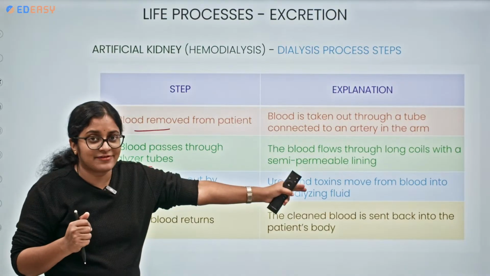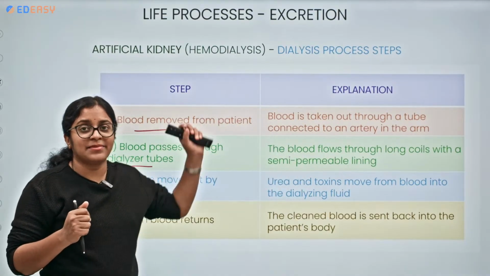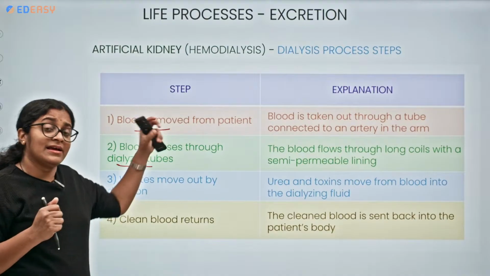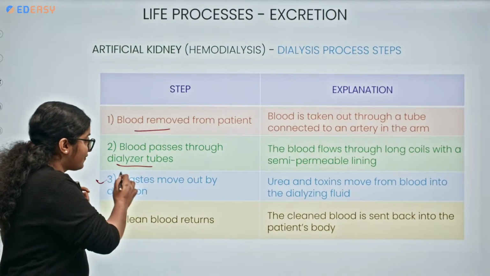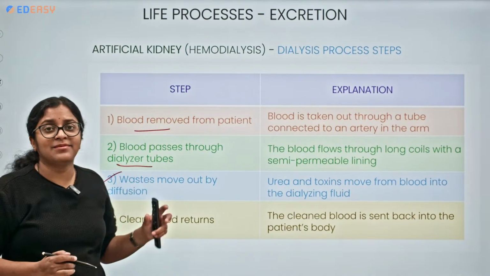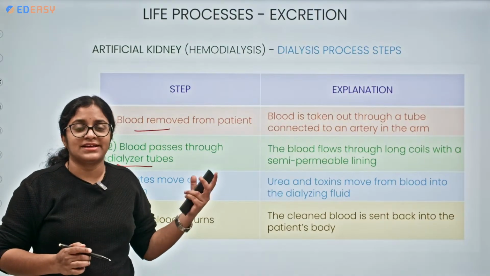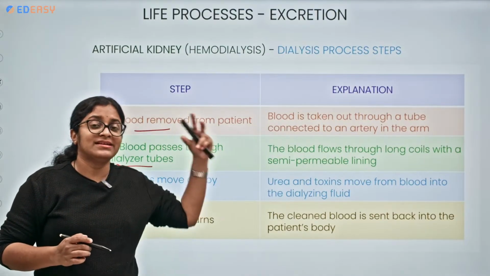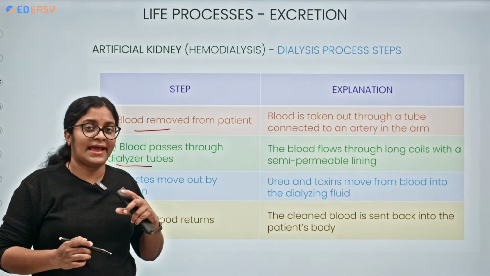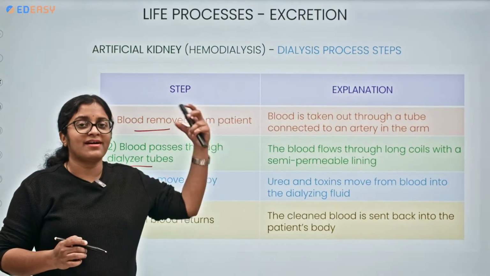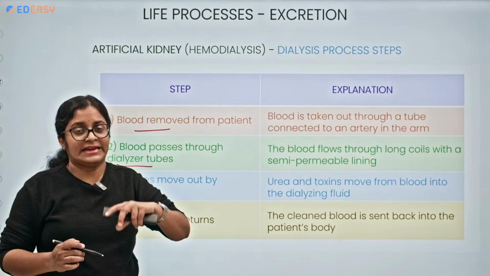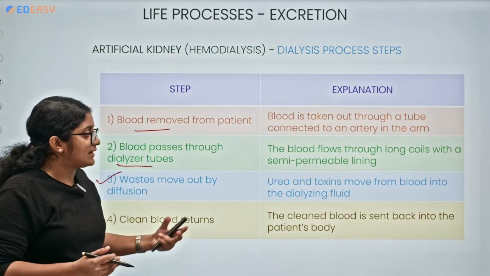Whenever the blood is flowing within the semi-permeable membrane lining, next there will be waste removal by the process of diffusion. It means the concentration in the blood is higher when compared with that of the dialysing fluid. So all the waste substances will now enter the dialysis fluid.